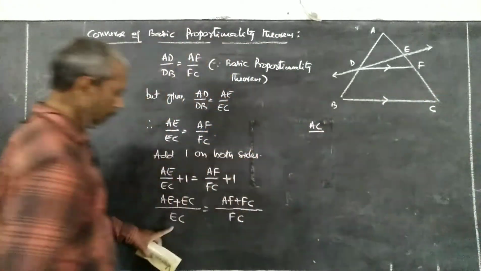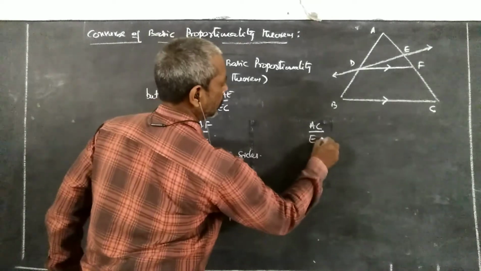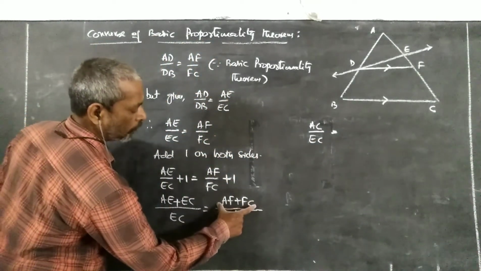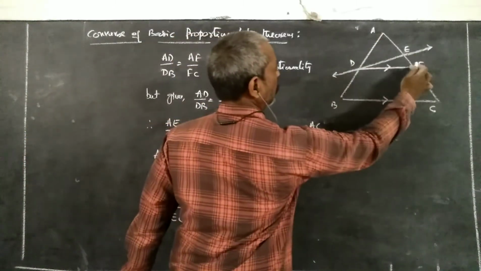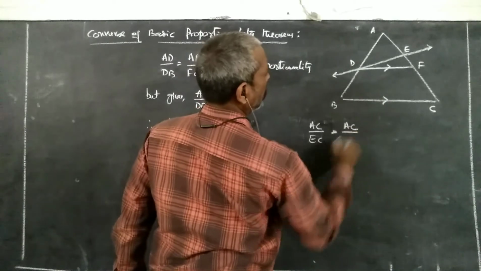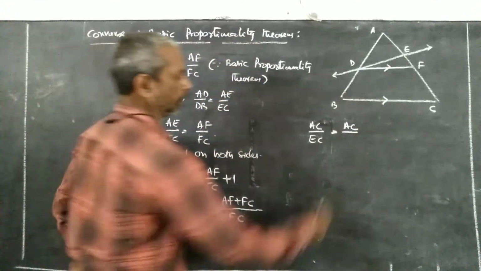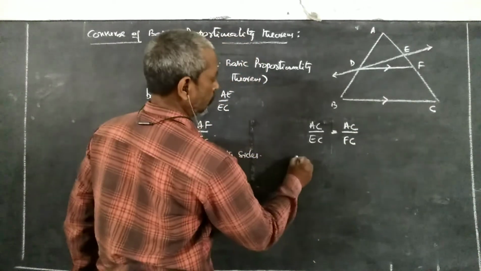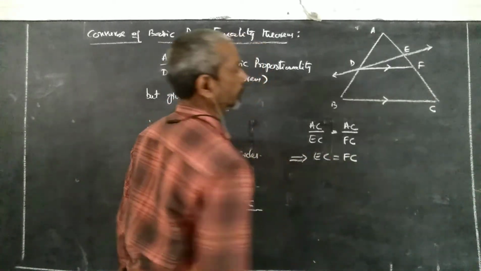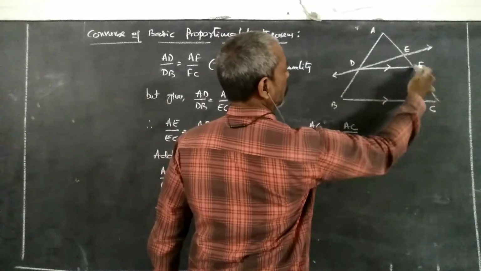Therefore, AC by EC. Also in the RHS, numerator AF plus FC is again AC, so AC by FC. So that implies EC is equal to FC.